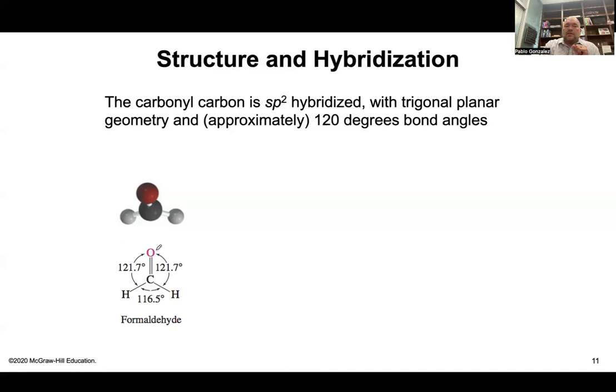Because the lone pair of electrons of the oxygen is going to repel the electrons in the bonds, pushing those bonds closer together, and that's why they have a 116.5 angle instead of 120. Because here we have a larger electron density, and that's going to make repulsion between the electrons that are in the bond, pushing them closer together, in this case, at the bottom.